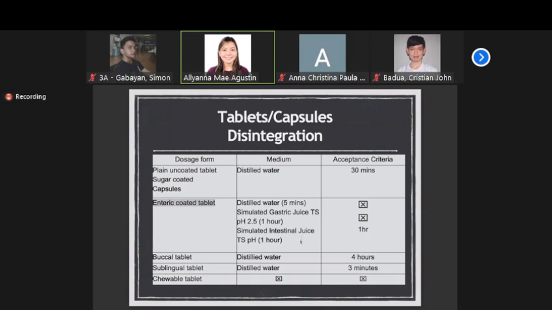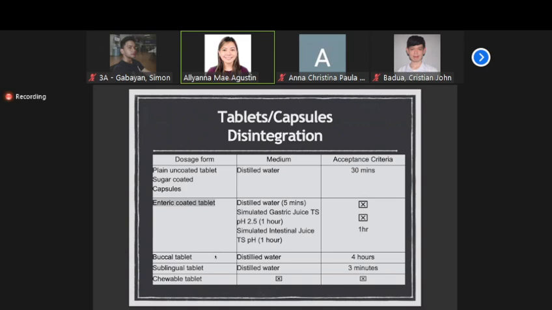So, dyan yung ating intestine. So, within 1 hour, dapat nag-disintegrate na. So, sa plain uncoated, distilled water lang, 30 minutes nag-disintegrate. So, sa enteric coated, medyo matrabaho. So, from distilled water, 5 minutes. Sa stomach, 1 hour. Then, sa intestine na siya mag-disintegrate within 1 hour.